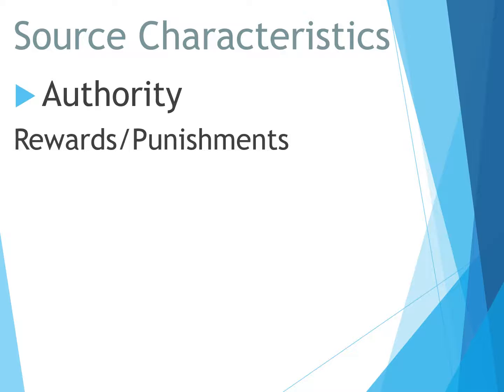So we think about authority, we think about rewards and punishments. There was another study conducted later by Milgram, done at Yale University between 1960 and 1963, and it had a very similar outcome.